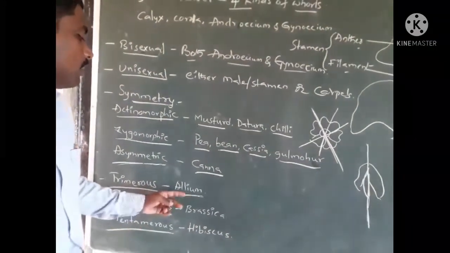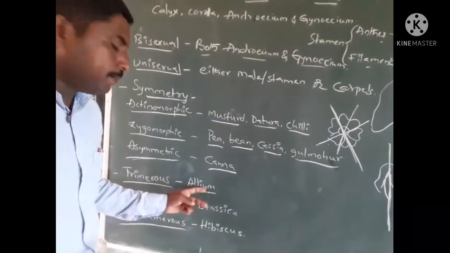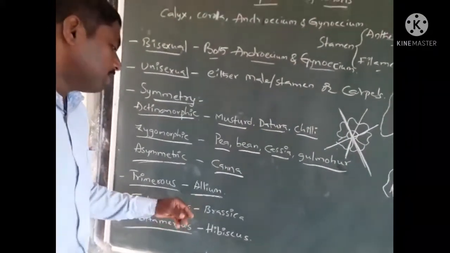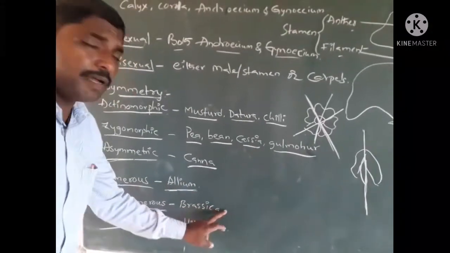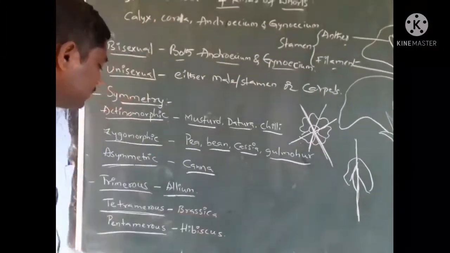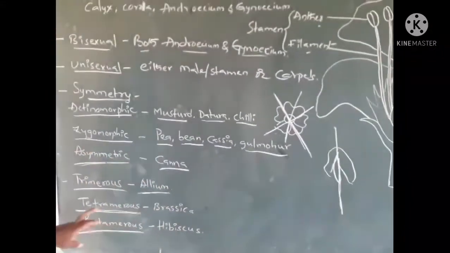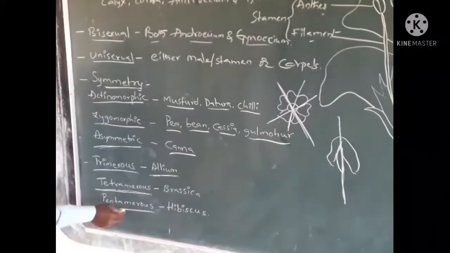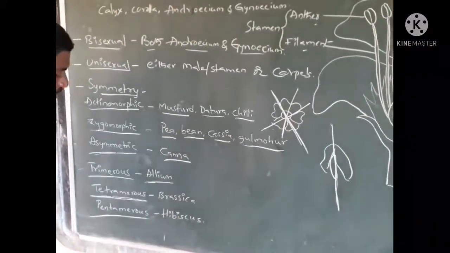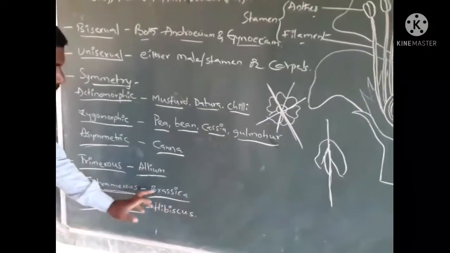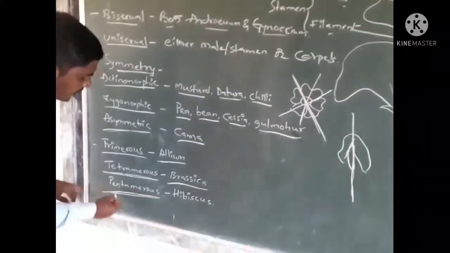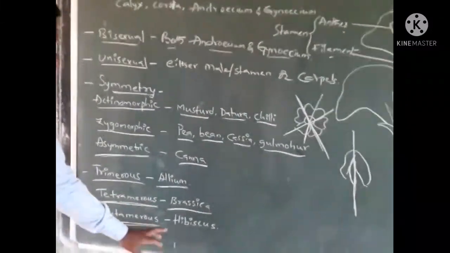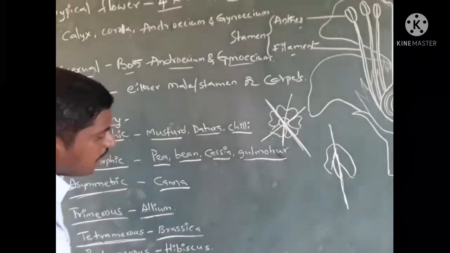Tetra means four, tri means three, penta means five. Tetramerous flowers, example: brassica. Pentamerous flowers have sepals and petals in five in number. Example: hibiscus.